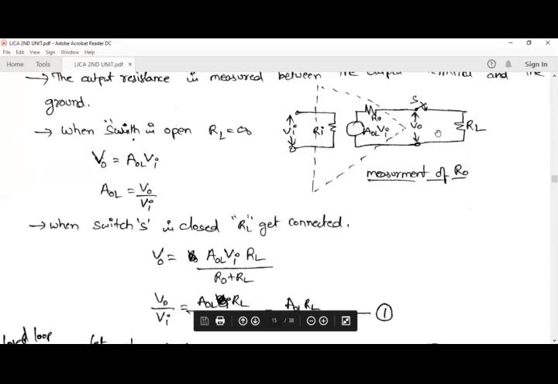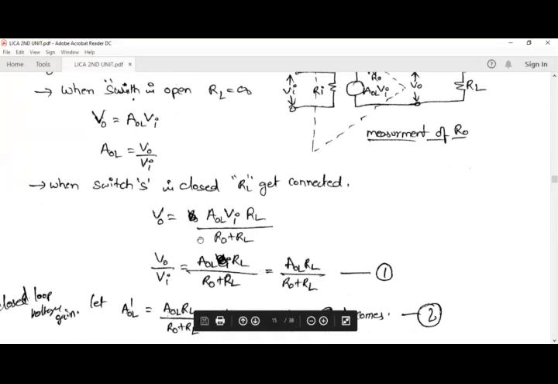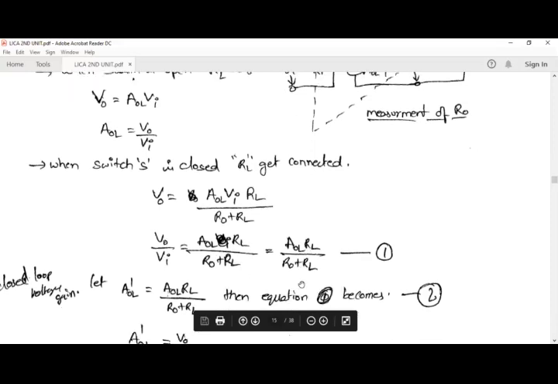That is, AOL into VI into the opposite resistance, RL, divided by the total resistance in this path, that is R naught plus RL. Bringing VI to the left hand side, V naught by VI is equal to AOL into RL divided by R naught plus RL. Keeping this as equation number 1.